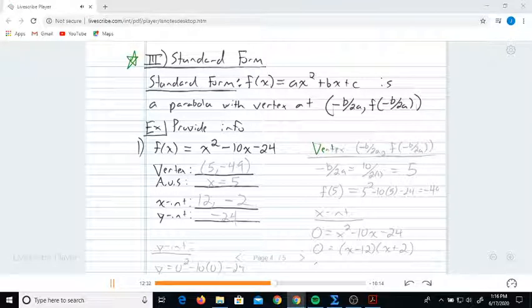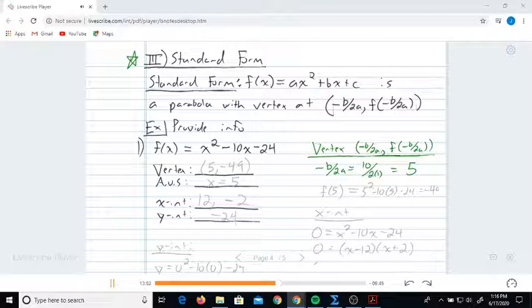So this standard form takes a little bit of work to figure out the vertex. So the vertex is going to be at -b over 2a, and then you take that number and plug it back into the function to get the corresponding output, i.e. y value. So in this case, -b over 2a is going to be positive 10 divided by 2 times 1, which gets us 5. Now we don't stop here. We got to take that 5 and now plug it in.